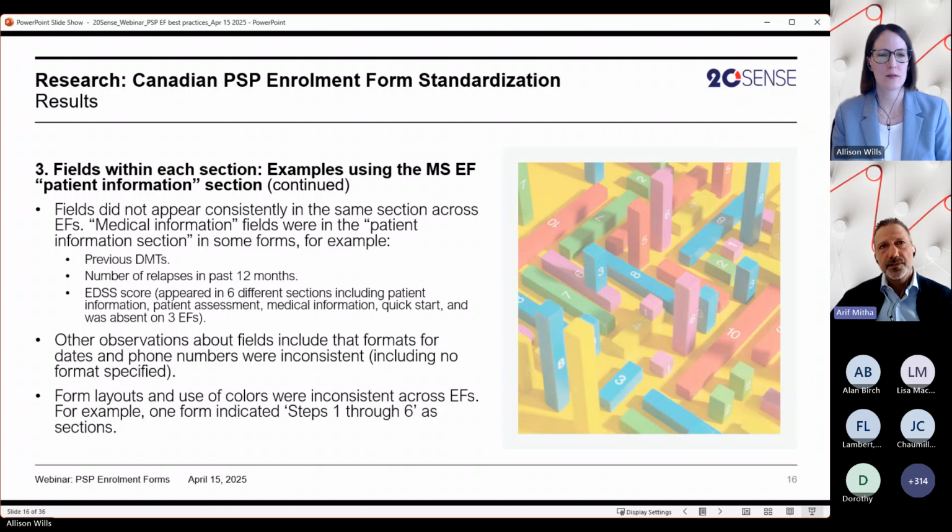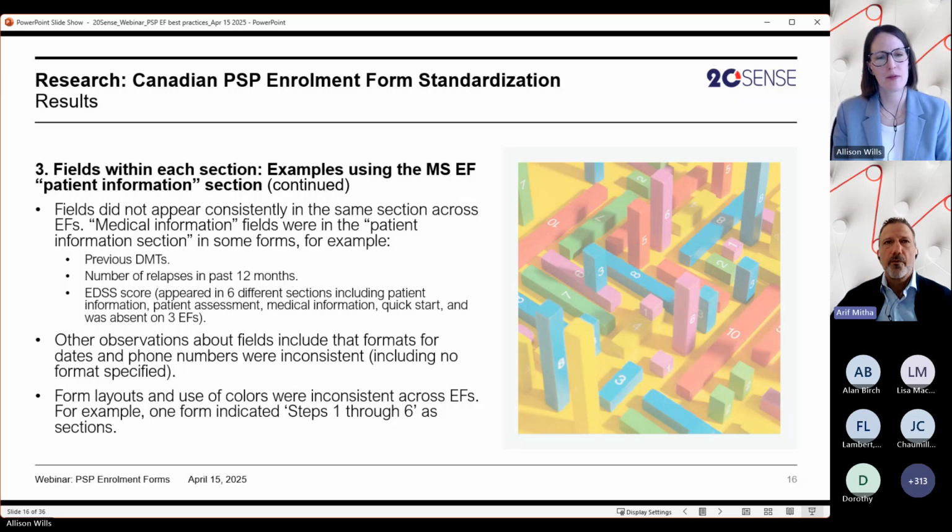Other observations: the field formats were inconsistent, for dates and phone numbers, and in some cases no format was specified. You can imagine a healthcare professional filling out the form, finding the date of birth field, for example, and then having to work out what format the form wanted the date in, if it was specified.